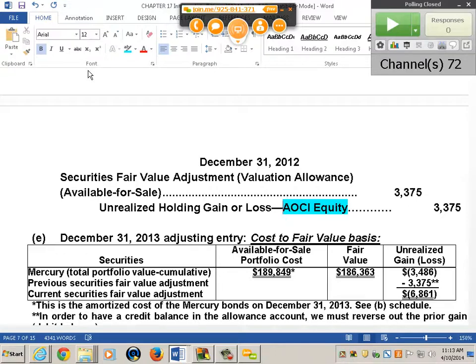And what you would do is you would look at the fair value versus the cost of all those securities and come up with an adjustment on a net basis. And what happens is that you wind up minimizing the gain and loss fluctuation that way. You don't do this by an individual security basis. You do this on a portfolio basis.